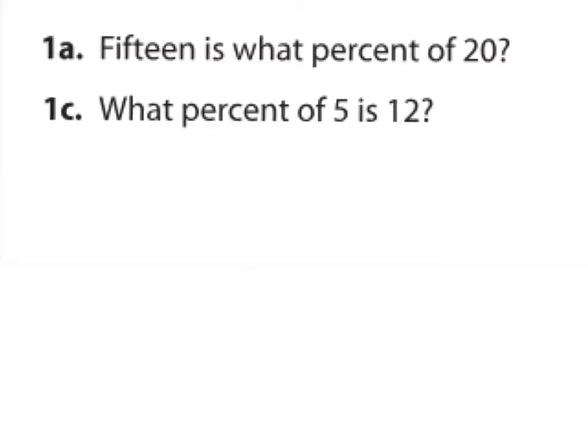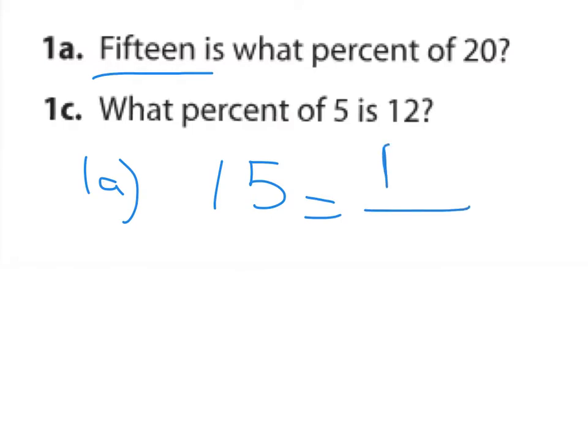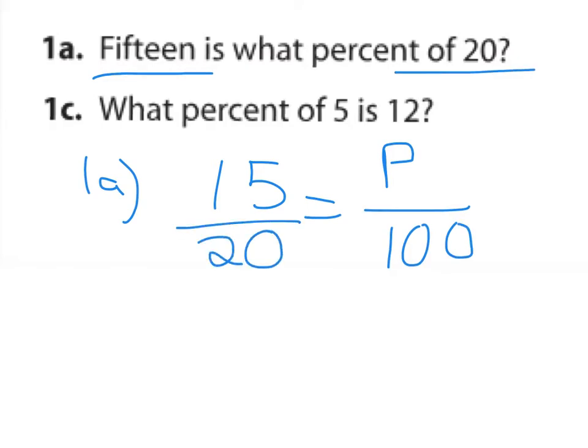So I will do 1A now. 1A. I have 15 is what percent, again, we don't know what percent is per 100, out of 20. There we go. You can do this simply by looking at it. You can do it proportionally, right?